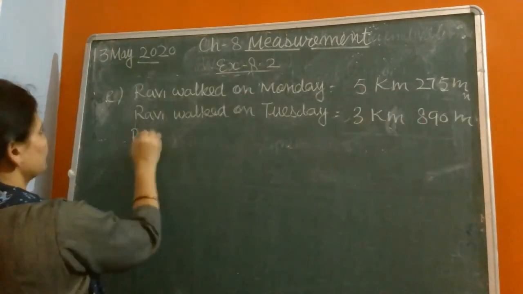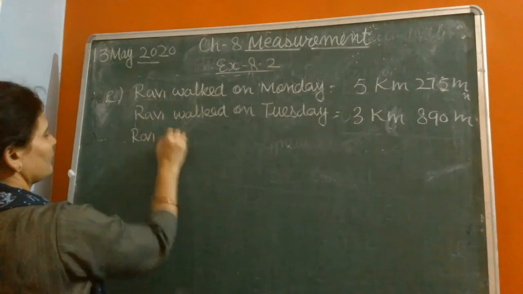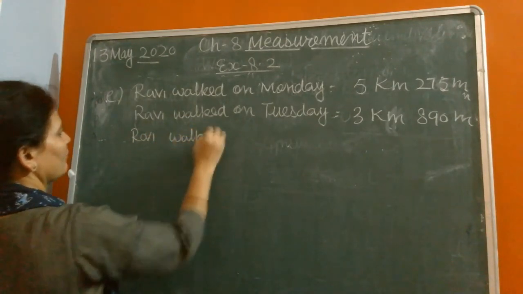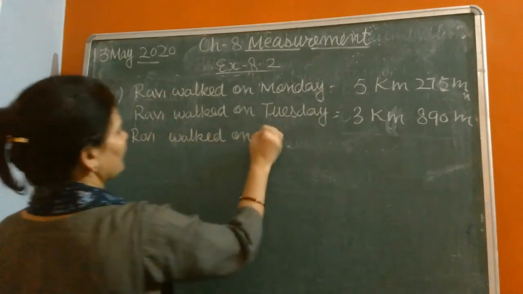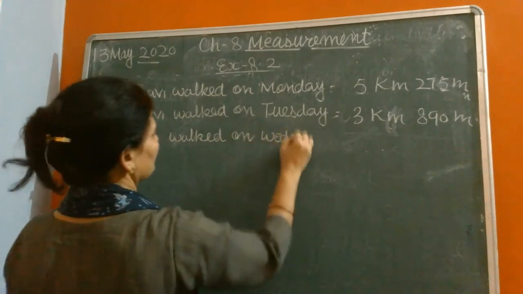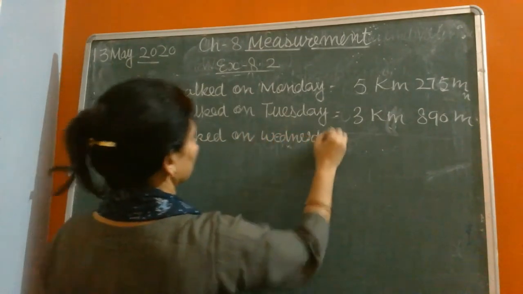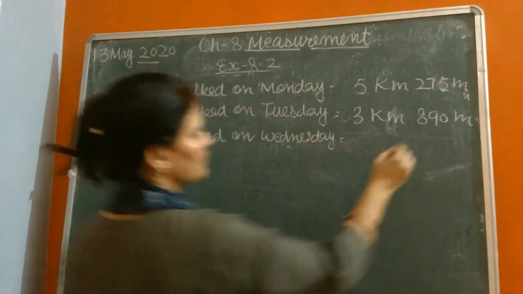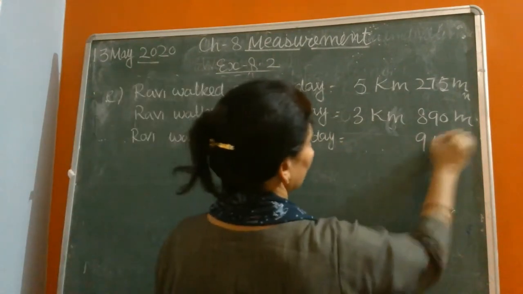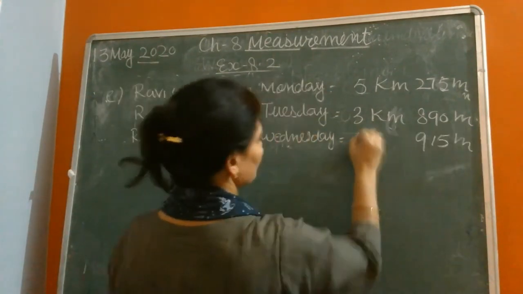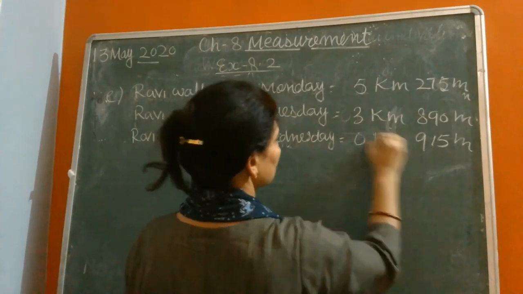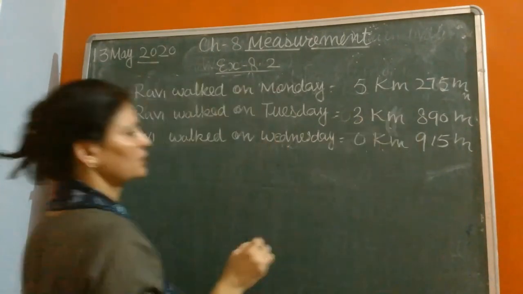Ravi walked on Wednesday 515 meter. There are no numbers, so we will put 0 of kilometer.